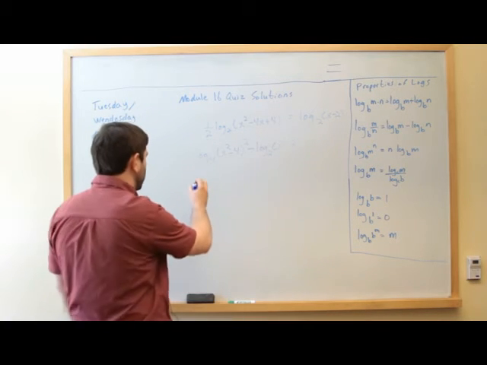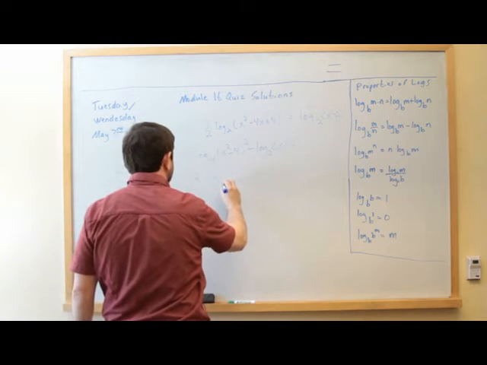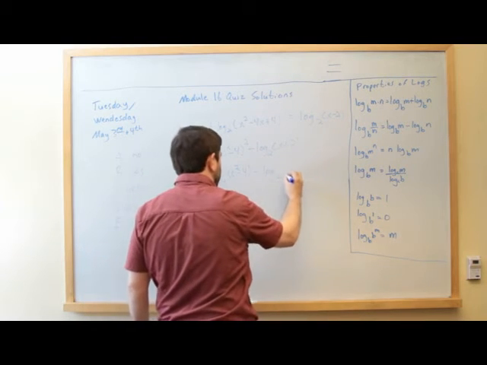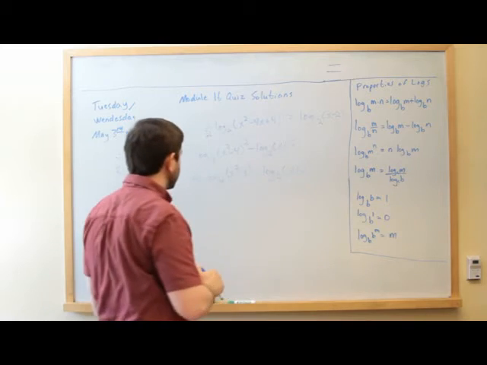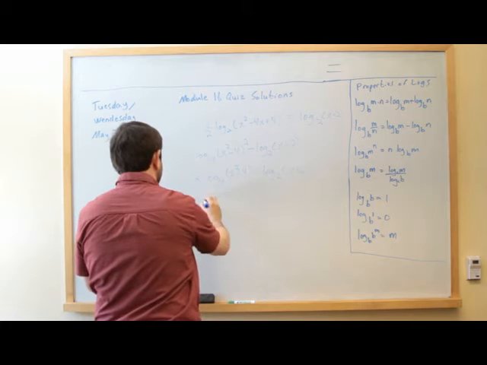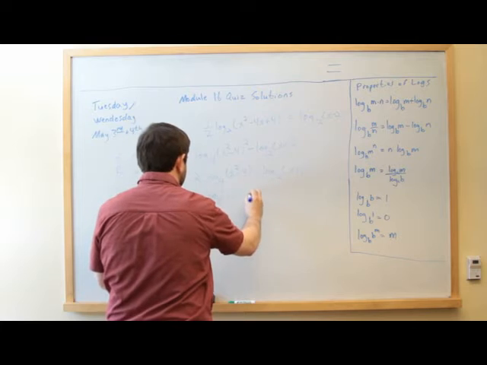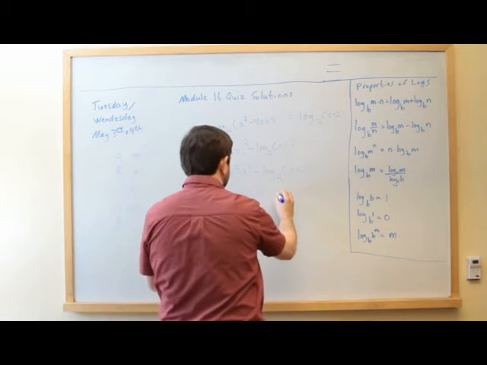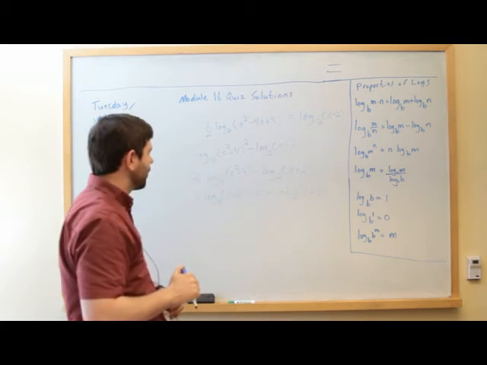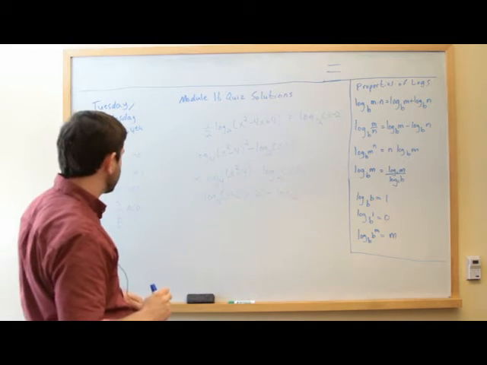That looks a little cleaner. We might get the same answer either way, but log base 4 of x squared minus 4 minus log base 2 of x plus 2. And then let's factor this. Okay, this will be a little nicer. 2 times log base 4 of x plus 2, x minus 2, minus log base 2 of x plus 2. And then product rule.